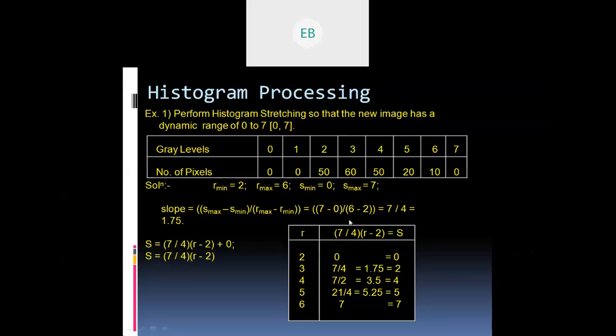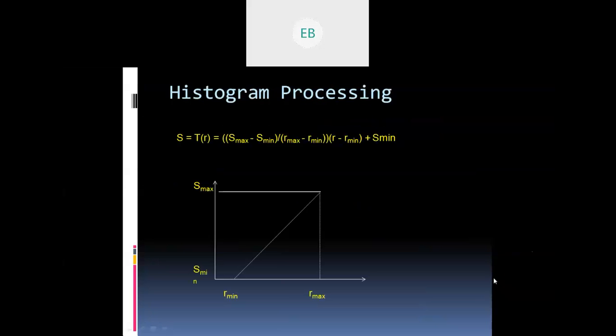The slope we get is 1.75, but we use another equation here, remember, that is we expanded this equation to S max minus S min by R max minus R min into R minus R minimum. Take down this equation as well.